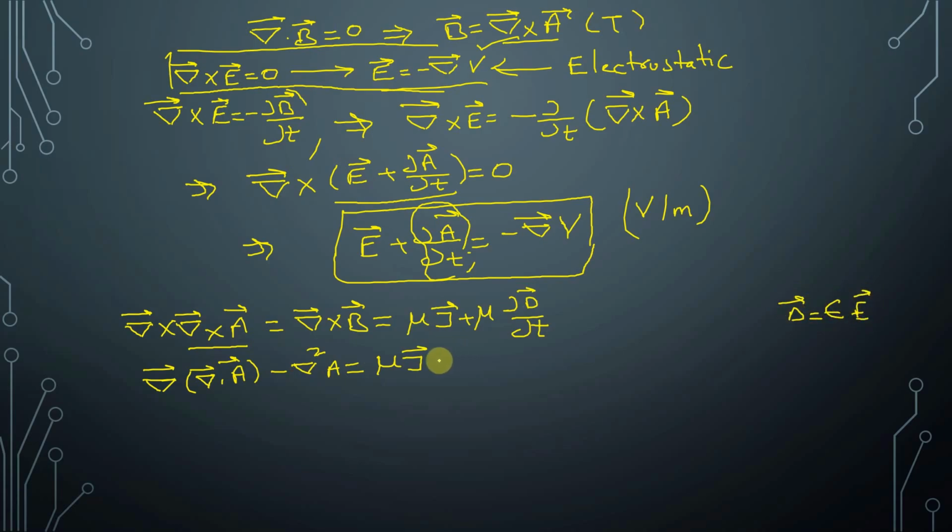So you will get epsilon mu curl E upon curl T. Now what is E?